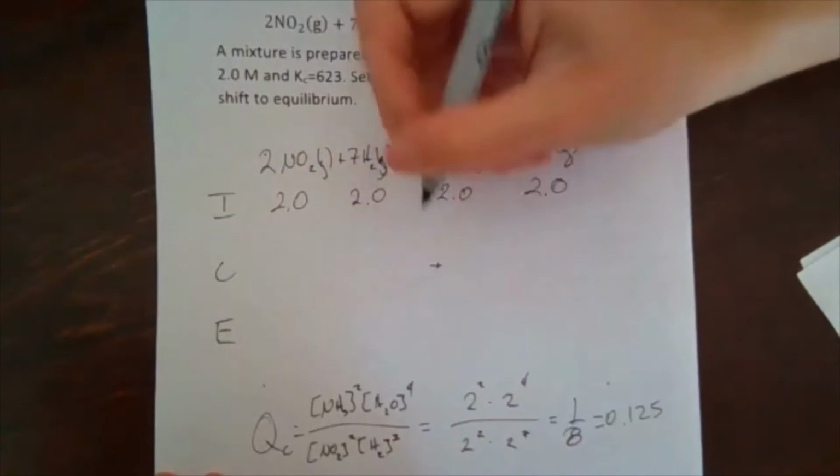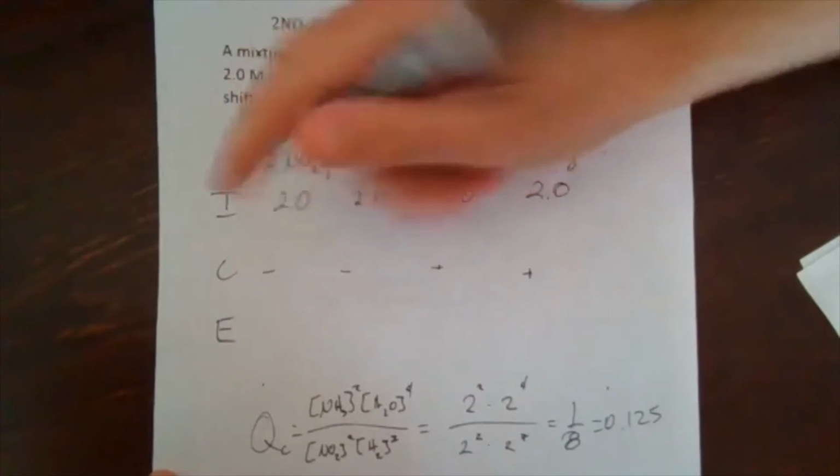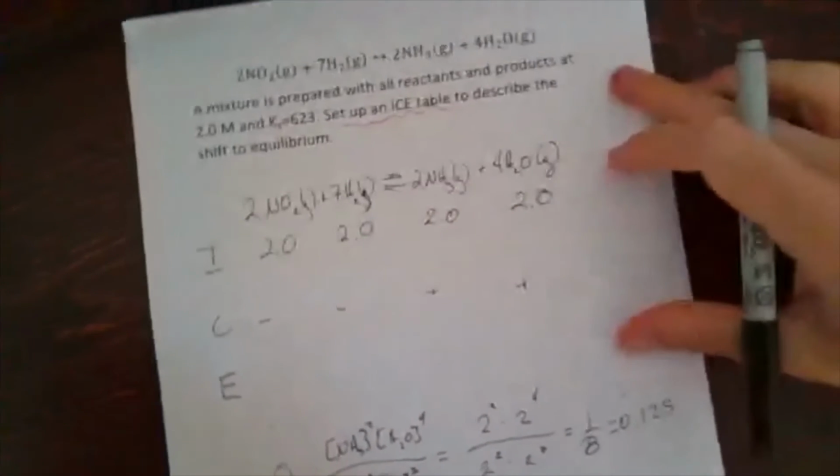If I'm going to have a shift to products, that means positive on my product side, negative on my reactant side. So now I've got the direction.